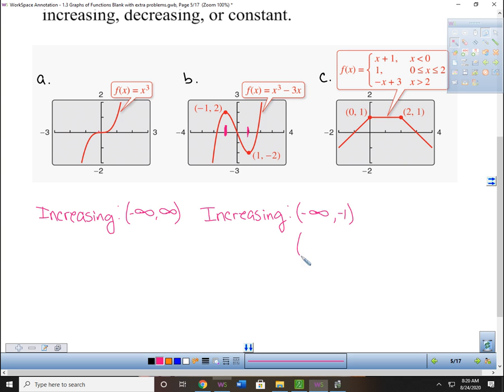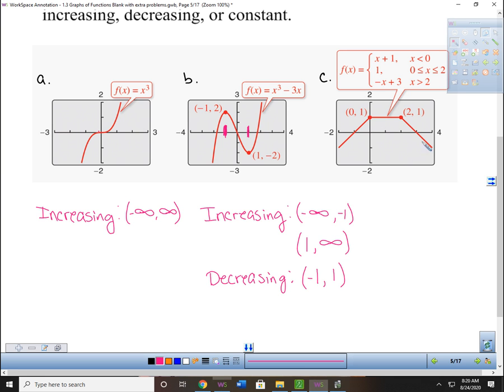So from 1 all the way to infinity. But you do have a little spot where you are decreasing. You are decreasing when x is negative 1 all the way until x is positive 1. So you would just say negative 1, comma, 1. And remember, no brackets when you're doing increasing and decreasing.